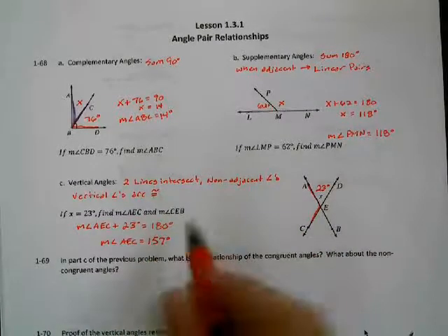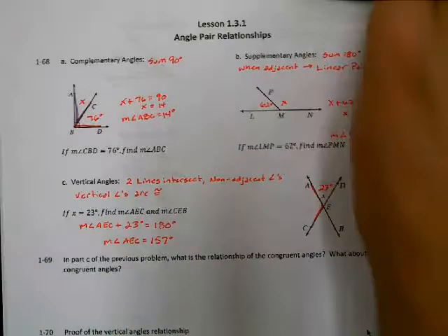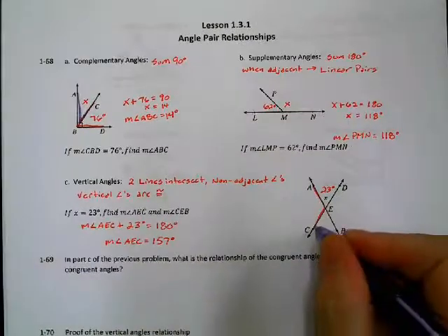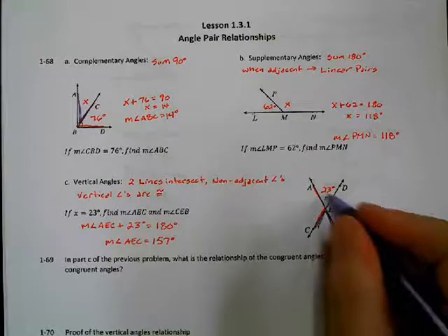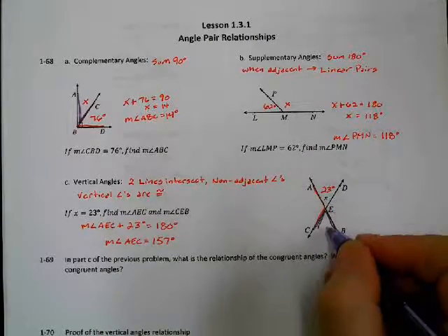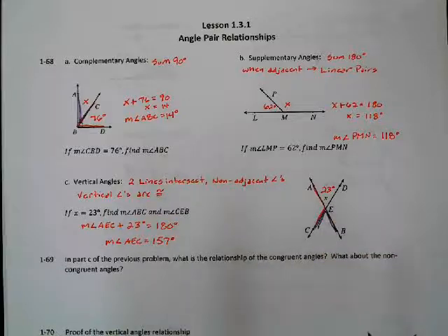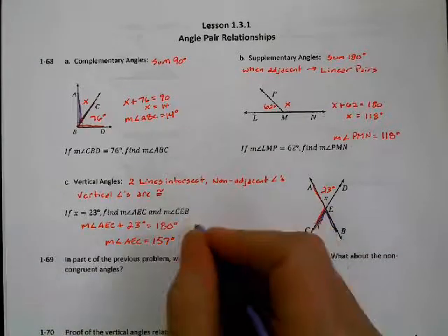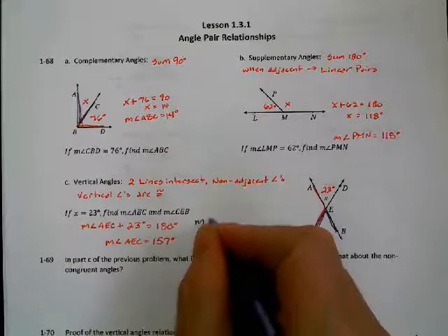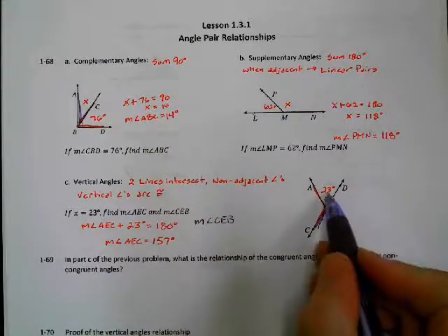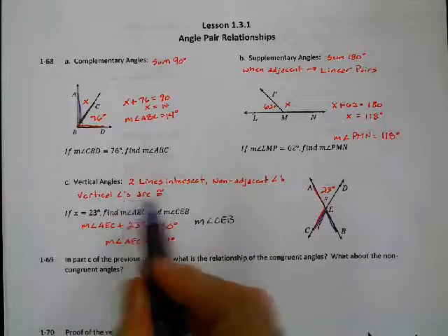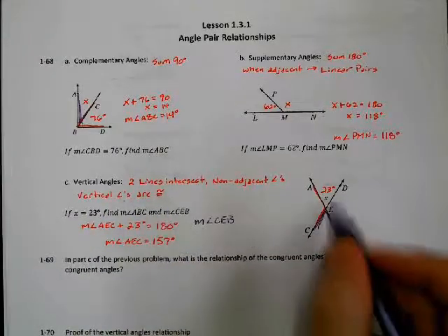All right, what about angle CEB? We're talking about this angle down here. That is vertical angles with this one, and vertical angles are congruent, which means they're both 23 degrees.